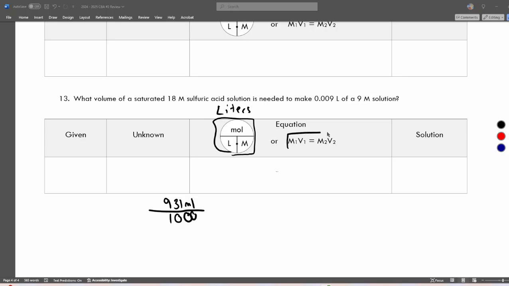This one doesn't matter. This one could be milliliters or liters. It doesn't matter as long as you keep it the same on both sides. But this one has to be in liters. So if you get milliliters, make sure you divide by 1,000. Cool. That's it. Let me know if you have any questions.